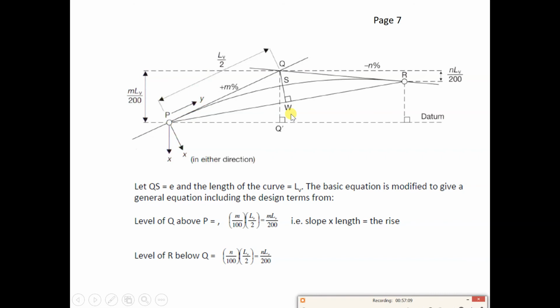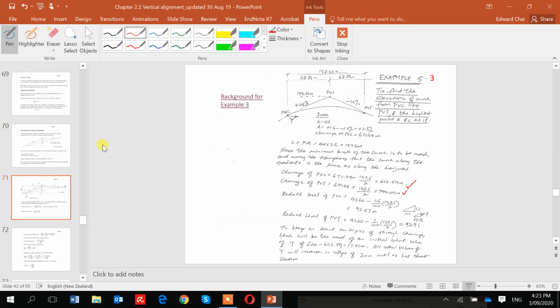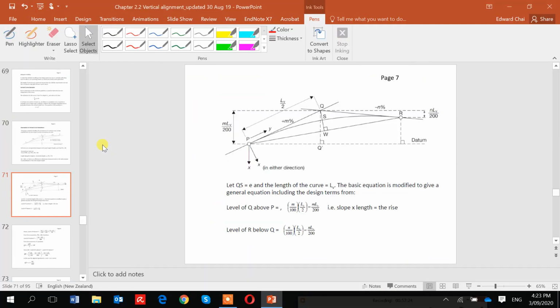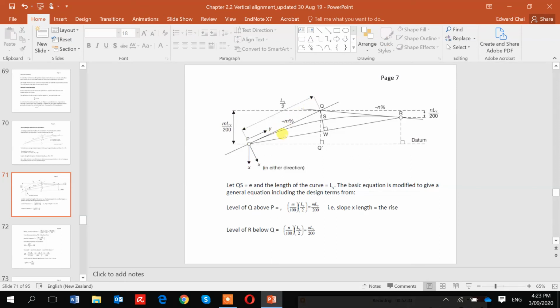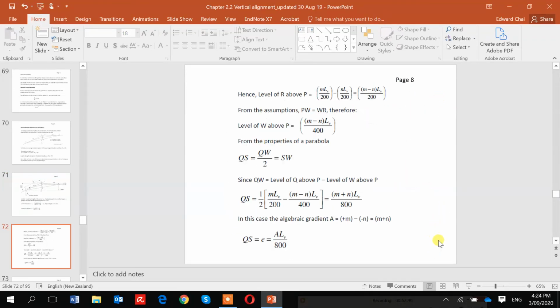Our x is going to start from 0 here. I can't draw it. So we're going to measure the distance the whole way up using the m only, because we don't use n.